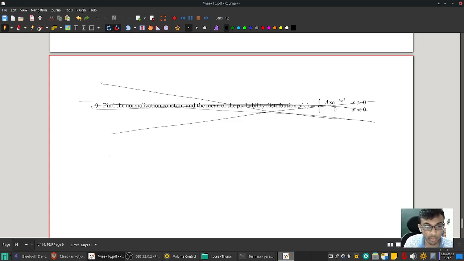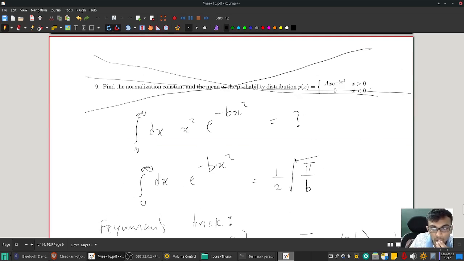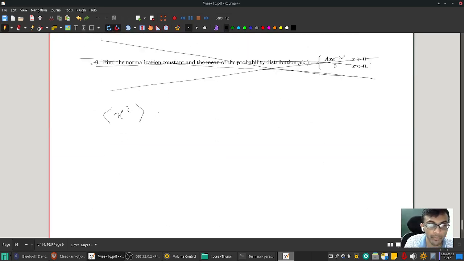So now expectation value of x square is, yes, so we have ax e to the minus bx square. It's going to be x cube e to the minus bx square.